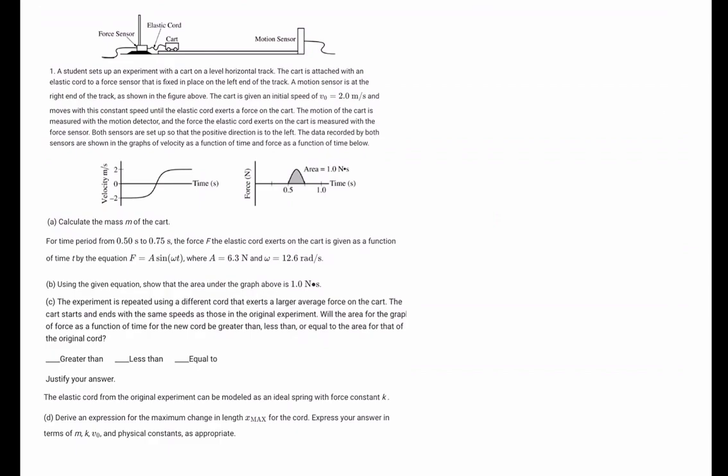Now, what we have is a force sensor, so the cart is probably moving to the right, and something measures the force, and also something measures the motion. And we can see on the two graphs that we know something about the velocity and we know something about the force. So probably as the cart is moving to the right, it has a velocity.